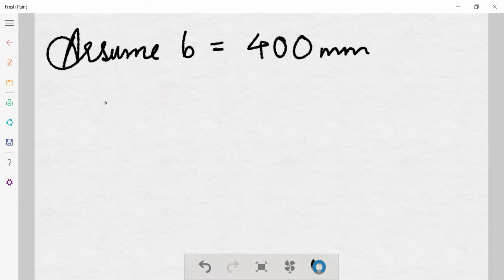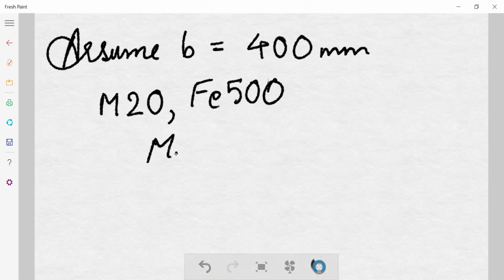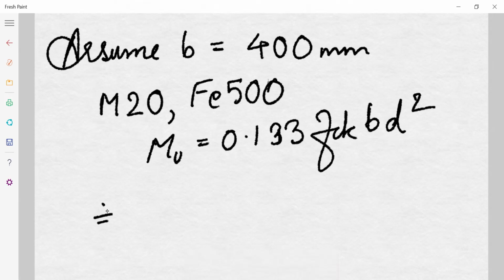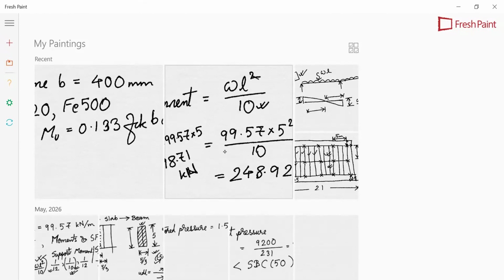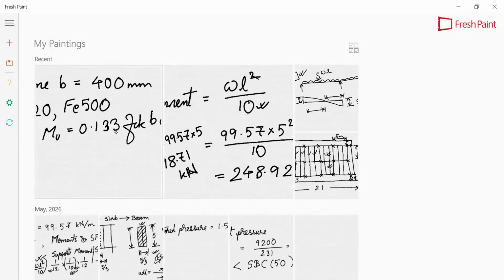Now for M20 and Fe 500, the moment equation will become Mu is equal to 0.133 fck b d squared. So from here, if I put the exact values, the moment was 248.92.